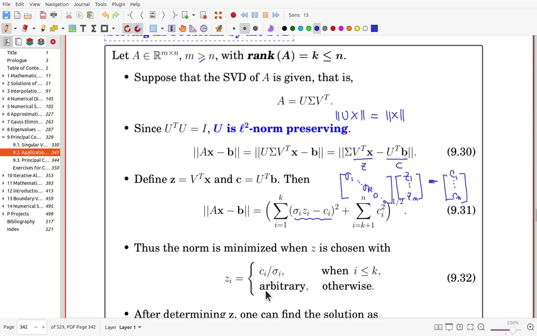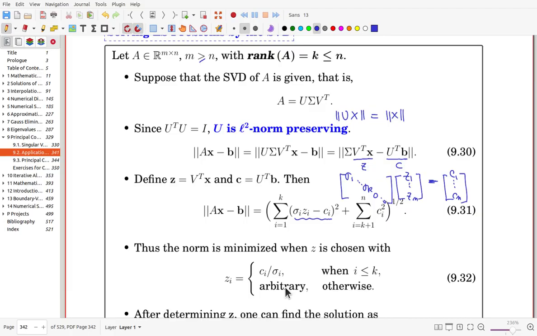And for the later Zi's, we can choose arbitrarily. Okay, let's put arbitrarily, but later we'll decide this one more smartly. But anyway, we decide the first k components from here, and the later n minus k components are arbitrary.